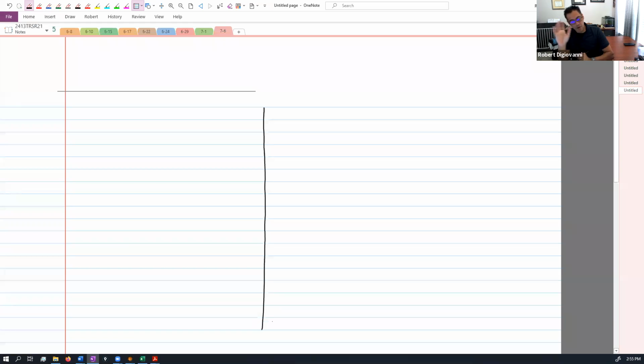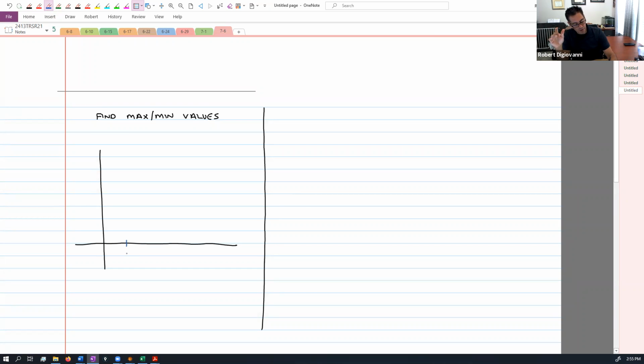The first thing we're going to do is try and find what we call the maximum and minimum values for a function where our function starts and stops somewhere.